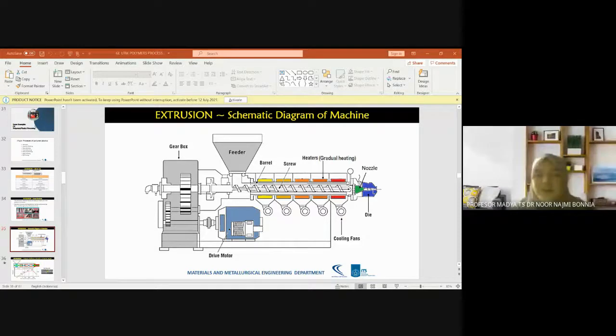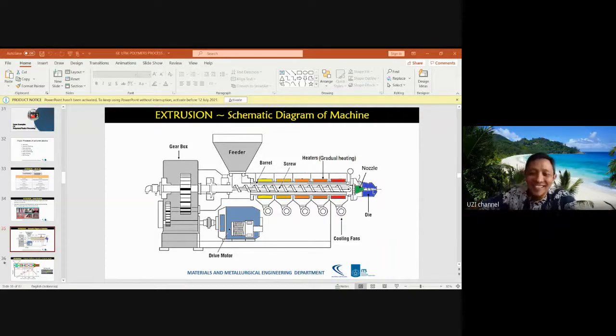It's a very big difference. For example, for polymer, the expensive one is about 50 million rupiah. For metal, it may reach 20 billion.